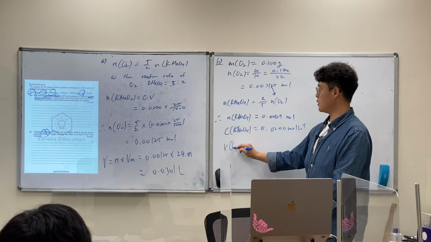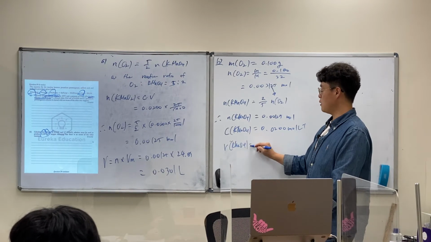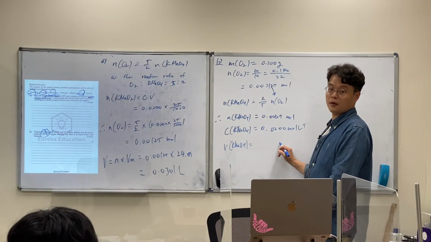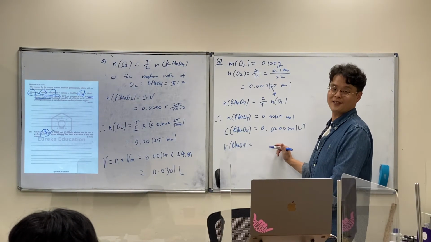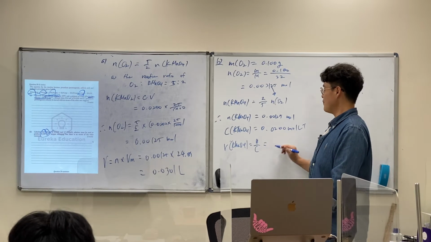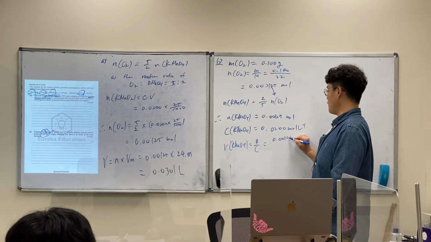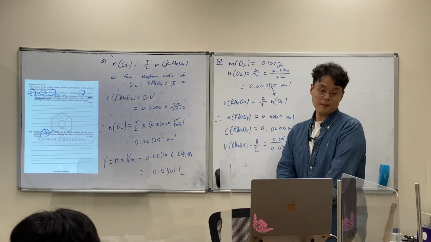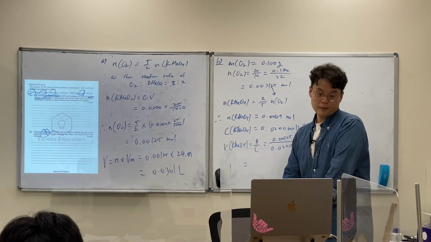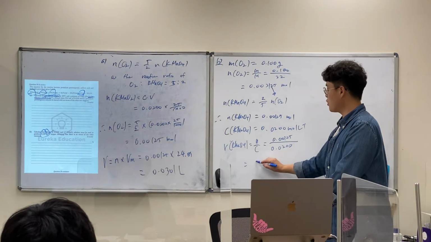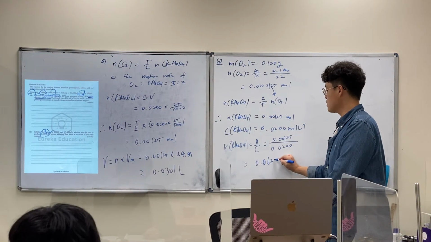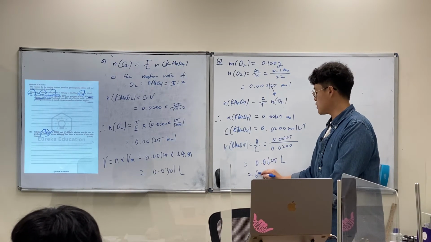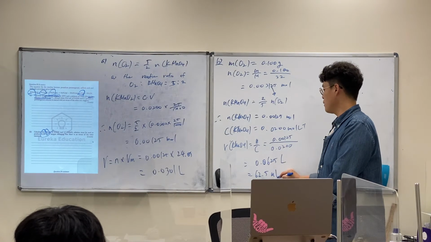As n equals CV, V equals n over C. That is 0.00125 divided by 0.0200. Following this now? Yep. Therefore, you should get 0.0625 liter, which is about 62.5 milliliters.